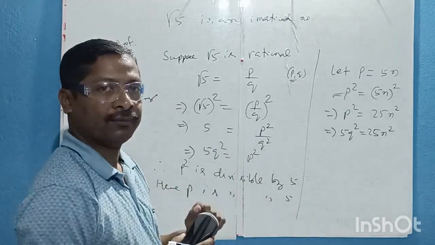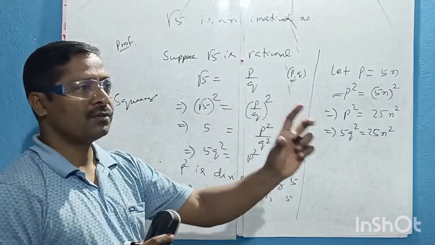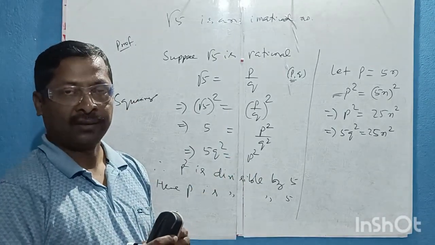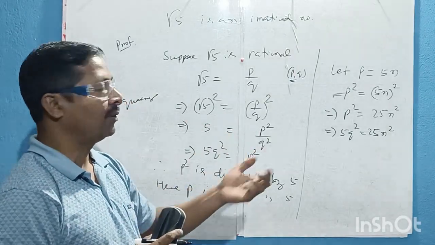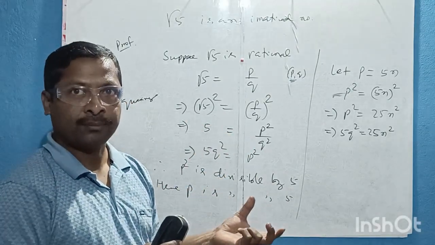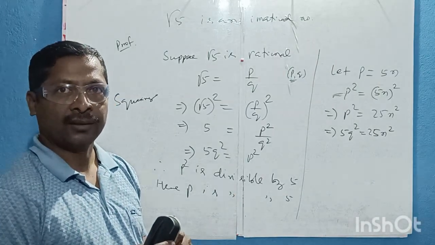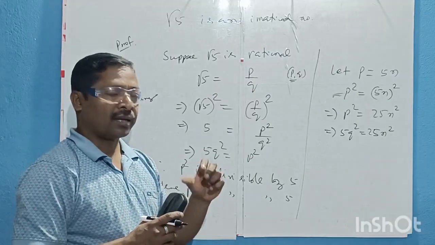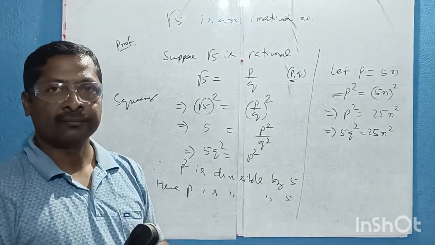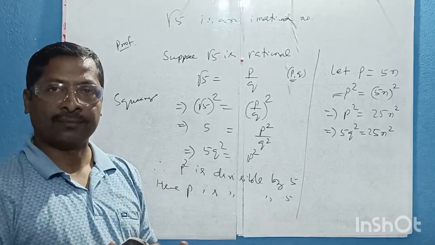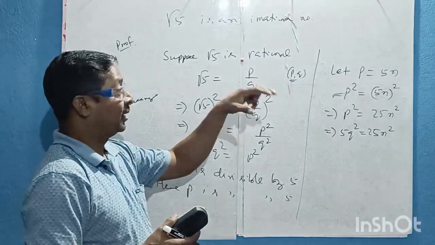P has a factor of 5. Now I am going to prove q is also divisible by 5. Then p and q both are divisible by 5. 5 is a common factor of p and q. So at that point, I can conclude that p and q can never have HCF 1 because they have common factor 5. So I can prove this sentence wrong.